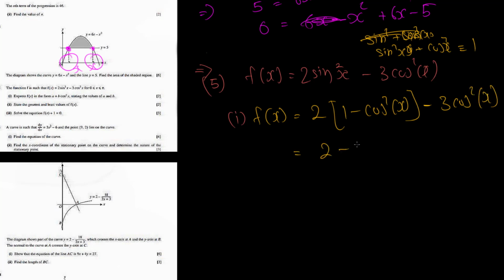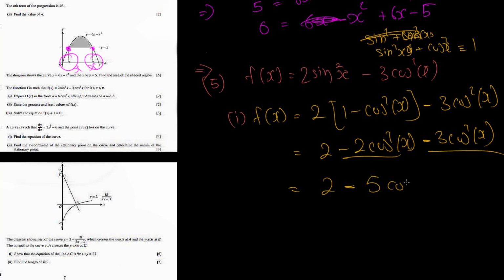This is the same as 2 minus 2 cos squared x minus 3 cos squared x, which is the same as 2 minus 5 cos squared x, and that's your answer right there. So the value for a is 2 and the value for b is minus 5.